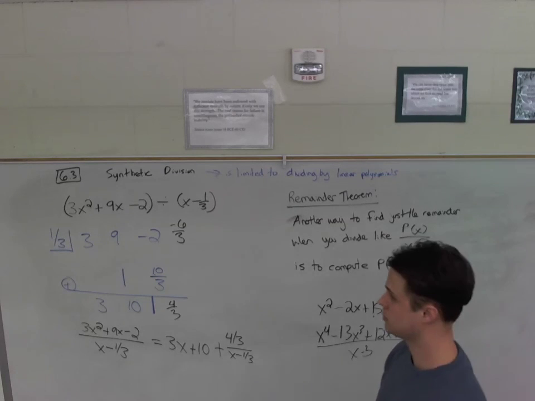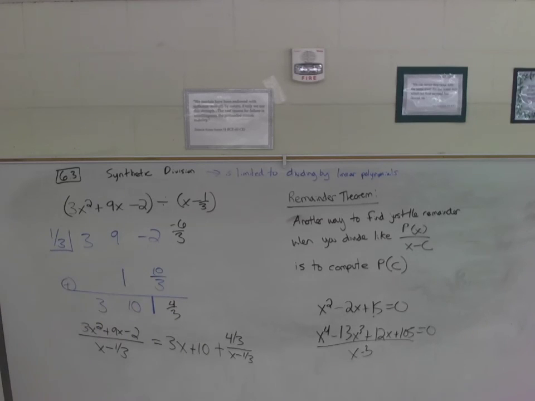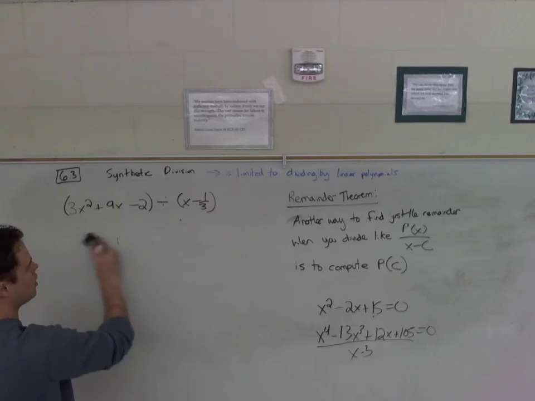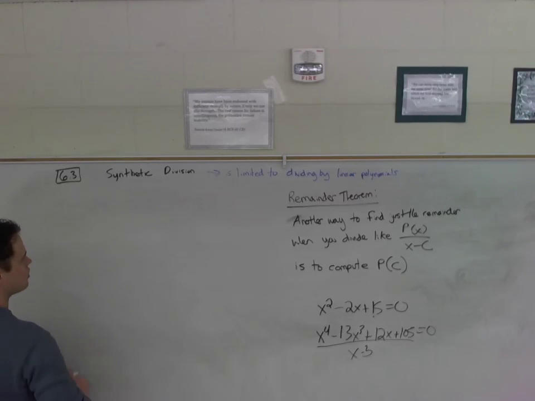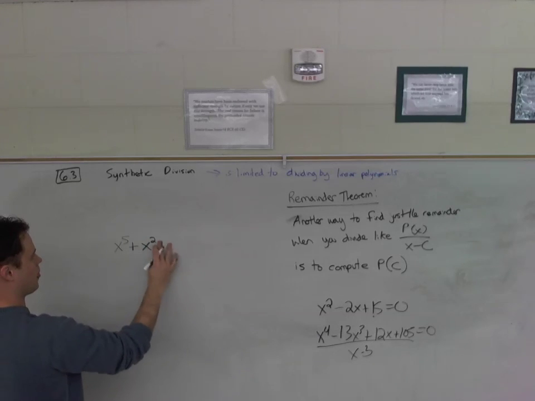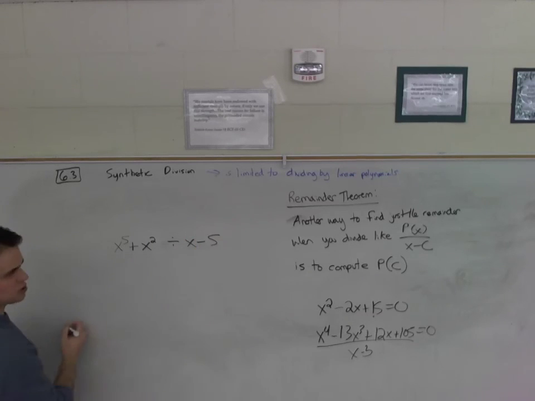Question? What if it goes like x squared, x to the third, x squared, but doesn't have x or... Okay, good question. I know everyone's going to bring up this because it's like the second problem you're going to do. What if you had this kind of a problem, and that's all you had, and it said divide that by x minus 5. Let's just write that out.